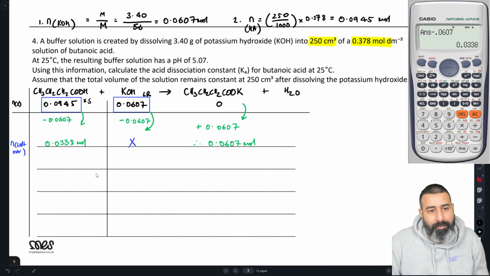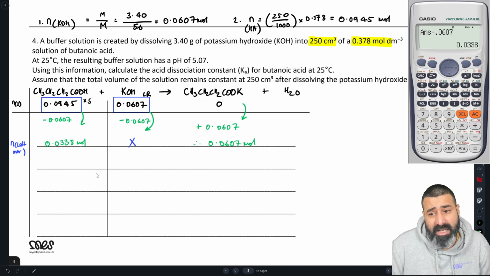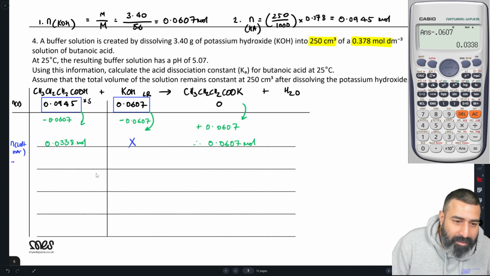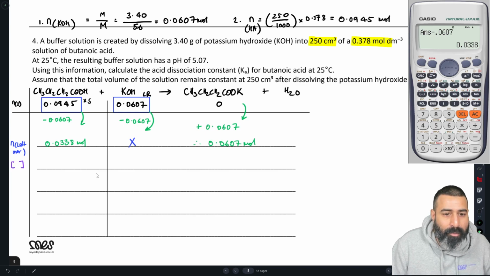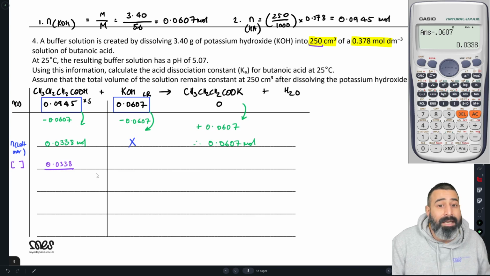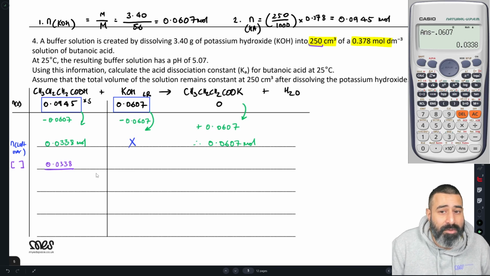Okay, now, where do we go next? We could convert to concentration. We probably should convert to concentration, but let's do it. Let's be good. It's an extra step, and the volume terms will actually cancel out, but it's good practice. So we're just going to divide through by the total volume, which is 250, and the question tells us to assume that the total volume of the solution remains constant at 250.